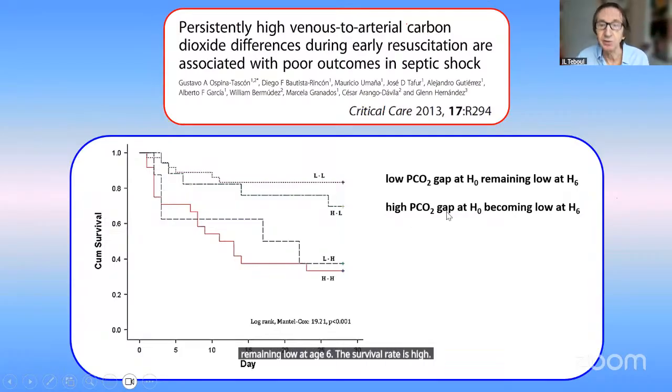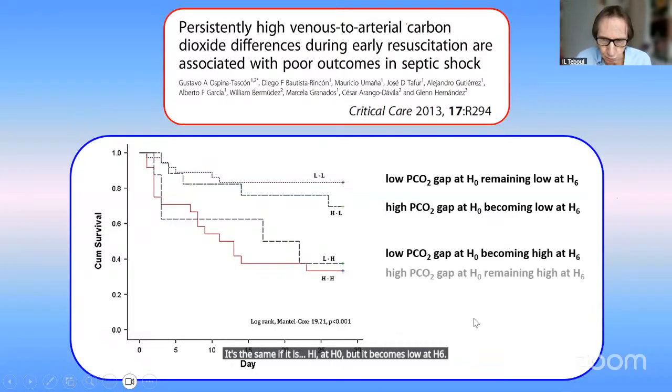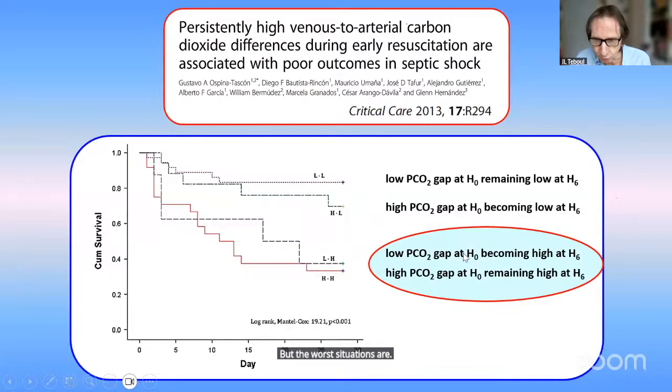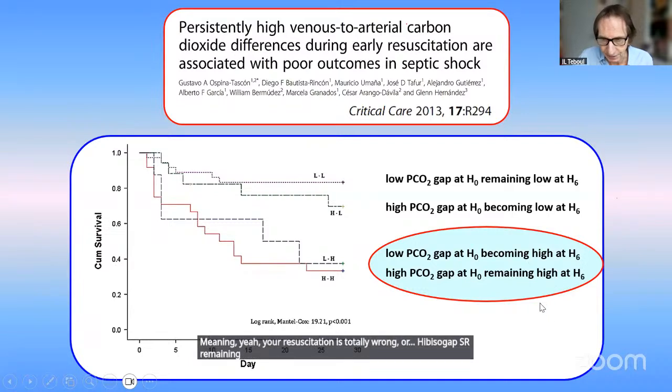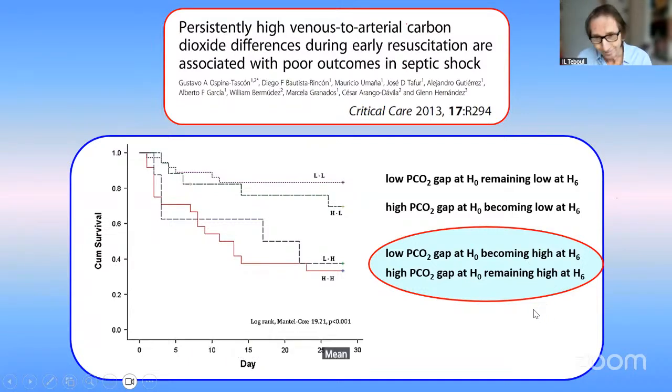The same if it is high at H0, but it becomes low at H6. But the worst situations are low PCO2 gap at H0 becoming high at H6, meaning your resuscitation is totally wrong, or high PCO2 gap at H0 remaining high at H6, meaning that your resuscitation is totally ineffective.